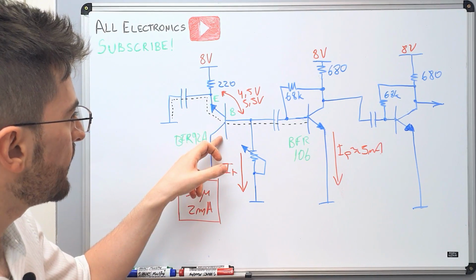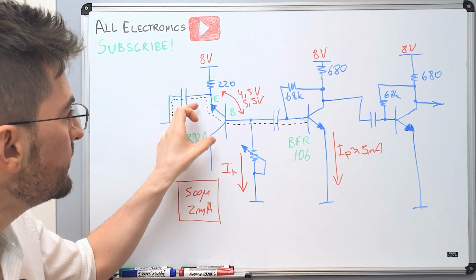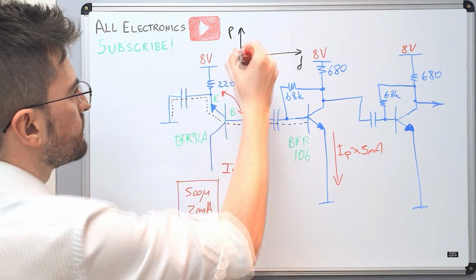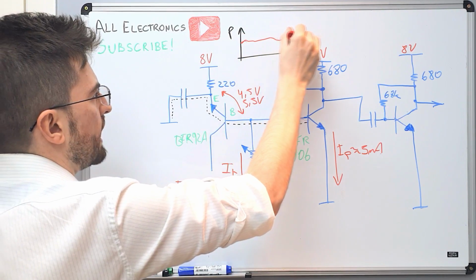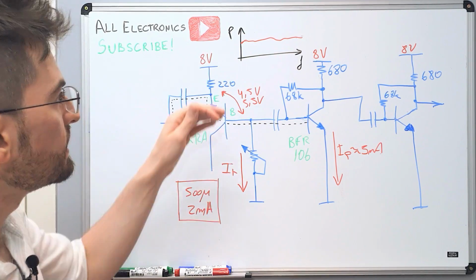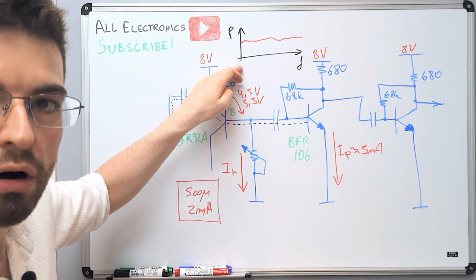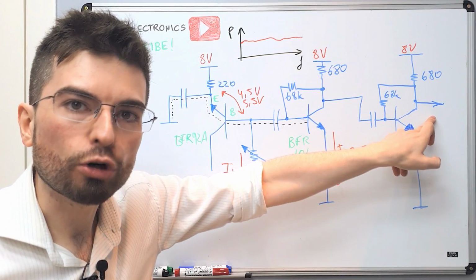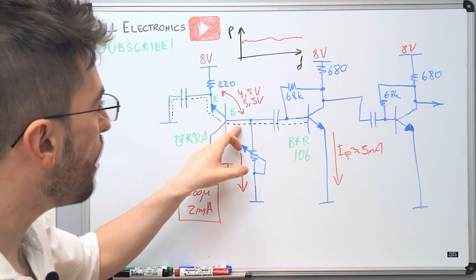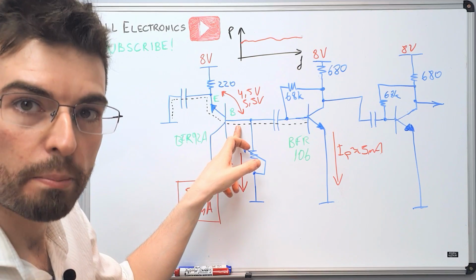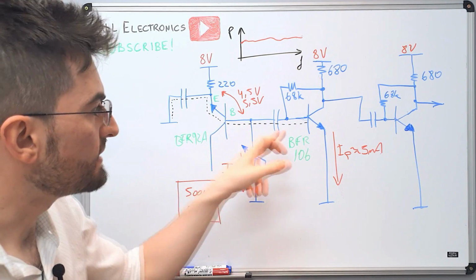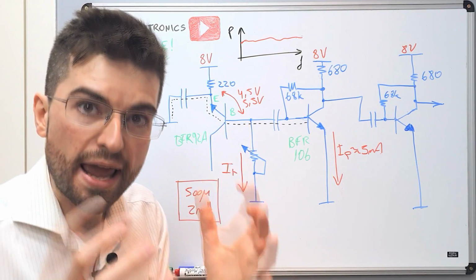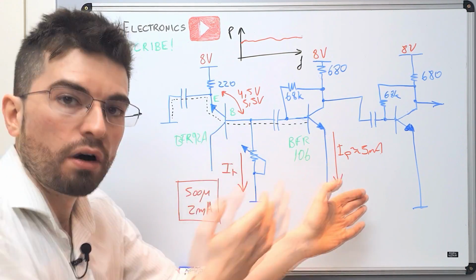So the reverse biased base-emitter junction here is generating a noise density. So the spectrum here is something like this, not so flat. And this is a power density, a power per unit of frequency. And the total absolute power that we get here on the output comes from the power density generated by the noise junction that is amplified by the transistors and that is constrained to the bandwidth of this circuit.